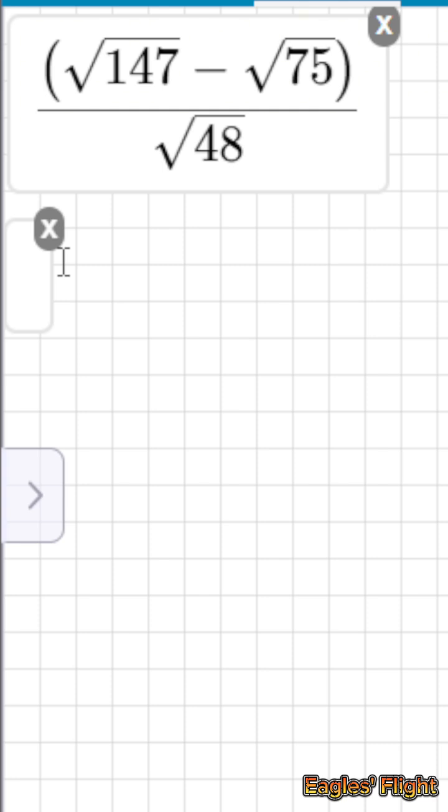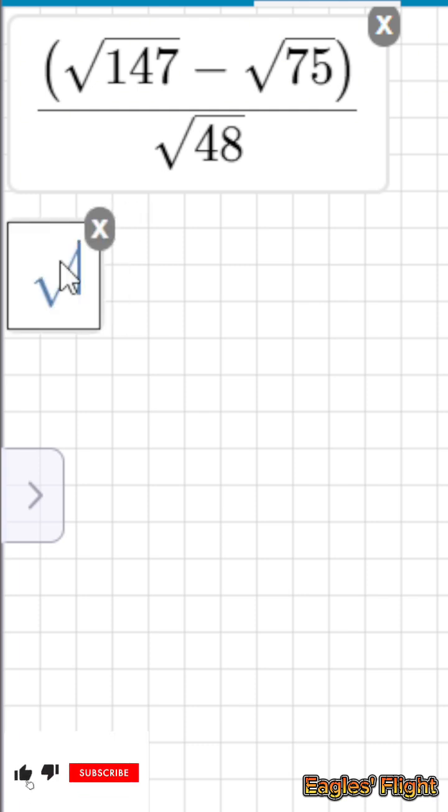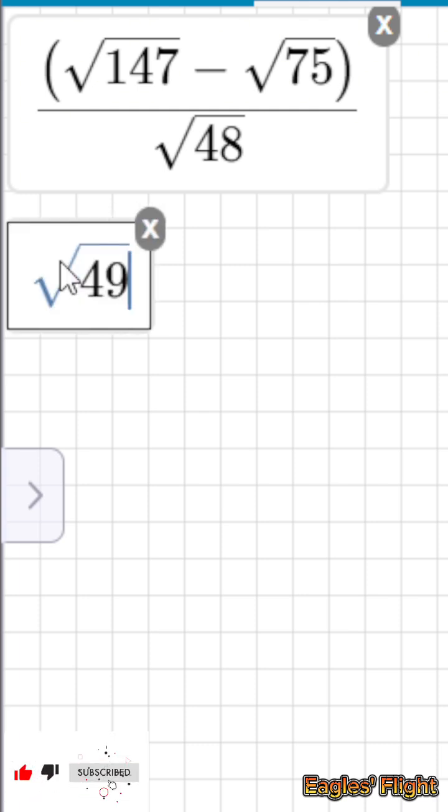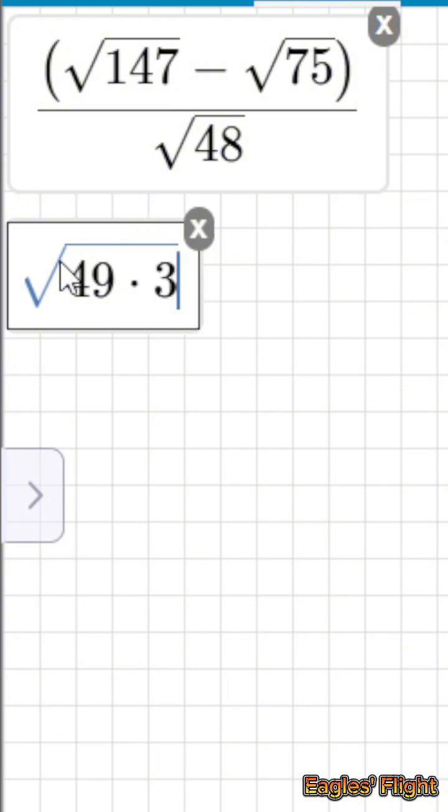So since 49 is a perfect square, we can go ahead and use that. So this becomes root 49 times 3. Please mind you, that is not a decimal point. That means times, the multiplication sign, for those that perhaps don't know that.